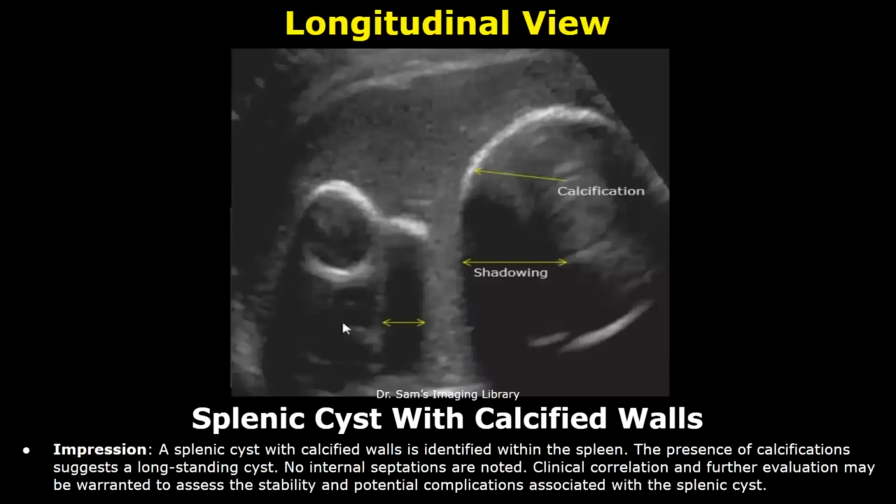This is the impression. A splenic cyst with calcified walls is identified within the spleen. The presence of calcifications suggests a long-standing cyst. No internal septations are noted, and in the end, the line of clinical correlation is written.